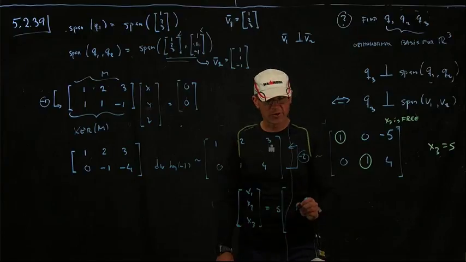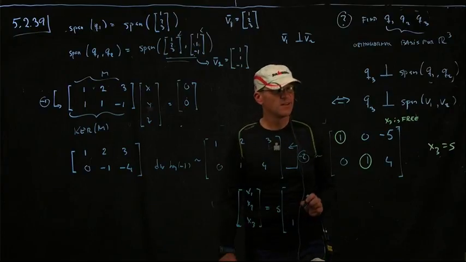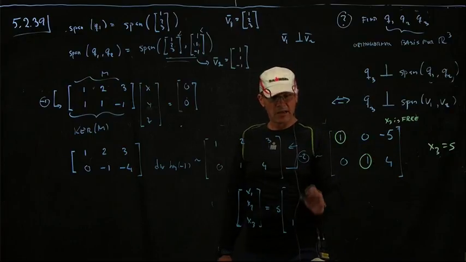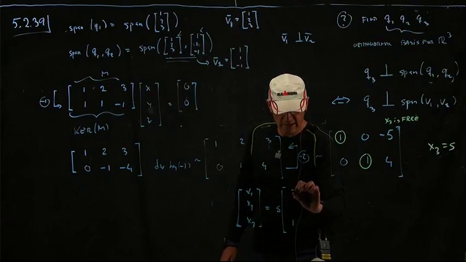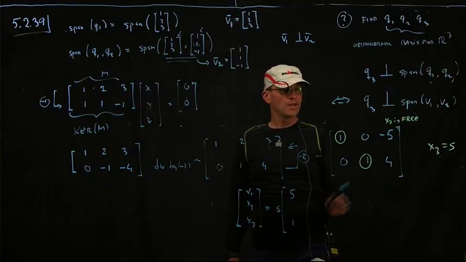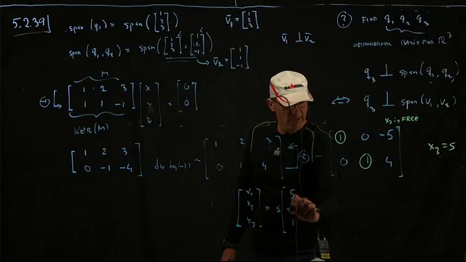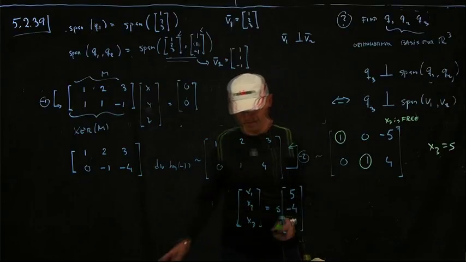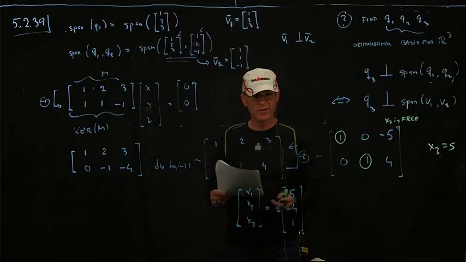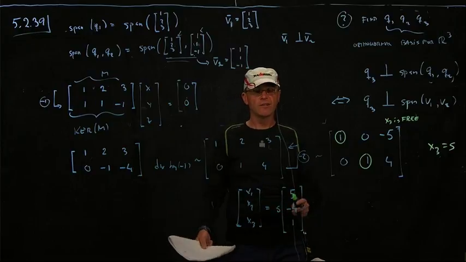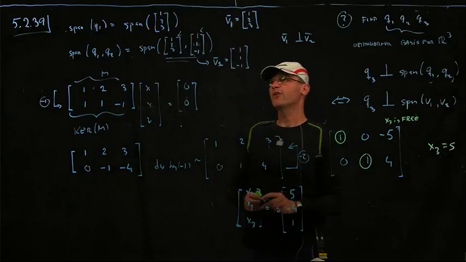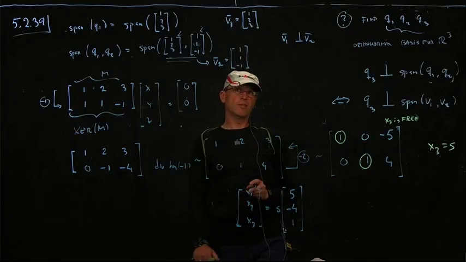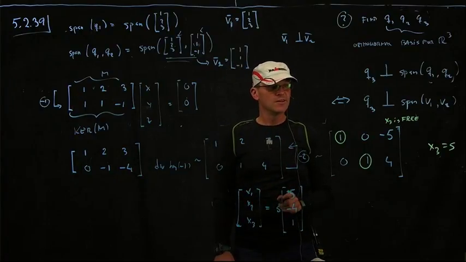Right. So of course x3 is s, and x1 is 5x3 or 5s, and x2 is negative 4s. So we have a new vector, which is orthogonal to the (1, 2, 3) and (1, 1, negative 1) vectors.